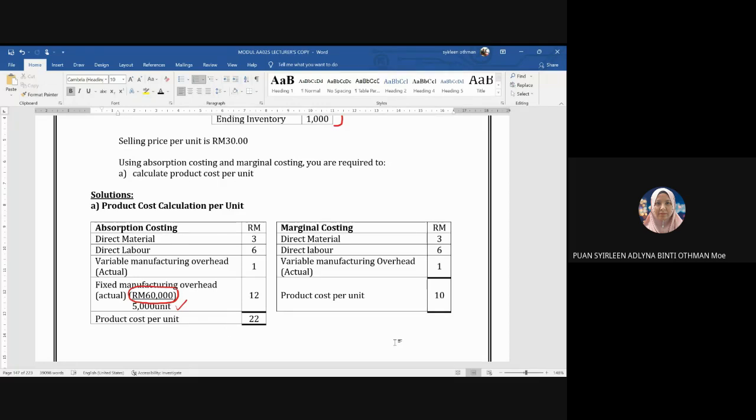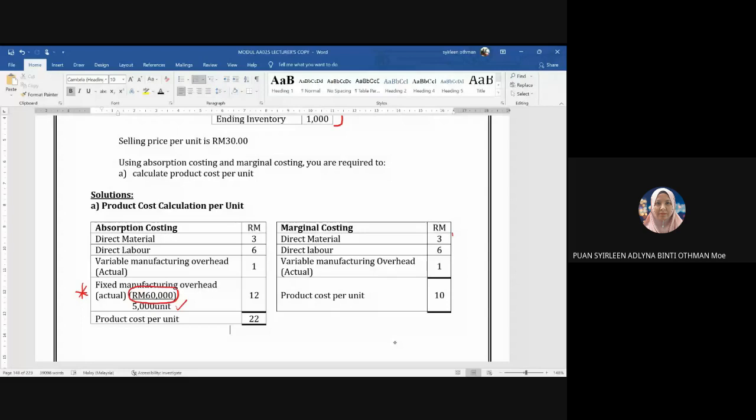Alright, so this is how you calculate the cost per unit. Okay, this is normal costing. So that means yang kita guna tu ialah actual MOH figures lah. Okay, so apa beza cost per unit untuk absorption dengan marginal? Item yang keempat ni hanya berada di absorption costing saja. When you are calculating the product cost per unit in your marginal costing, dia tidak ada langsung.